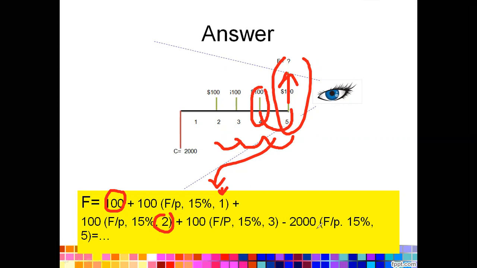So minus 2000 F/P 50%, and then count the steps. Just drag the position into our view, and we go through 5 steps, right? So put 5 as the number. So when we switch our point of view, the result may change, right?